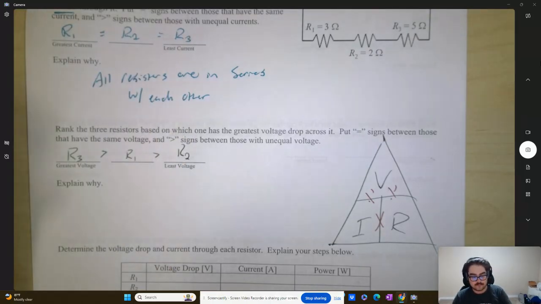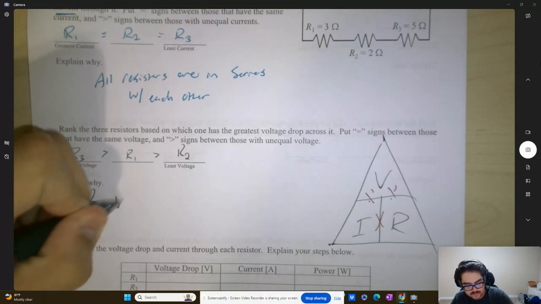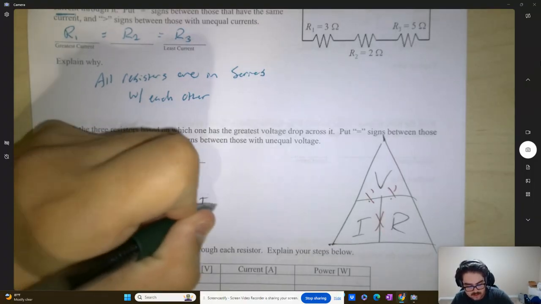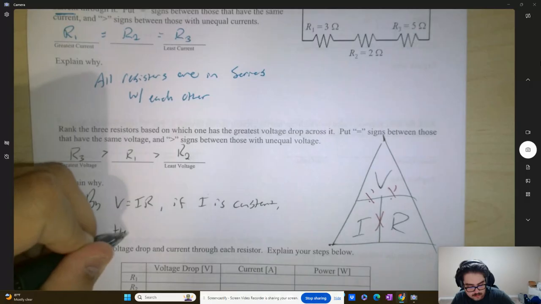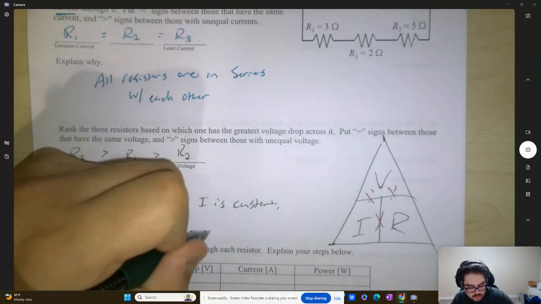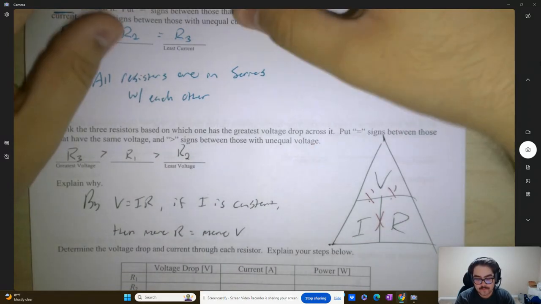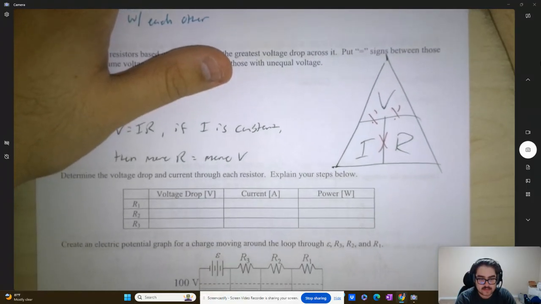Why? Because by V equals IR, if I is constant, then more resistance equals more voltage. Very straightforward, right?